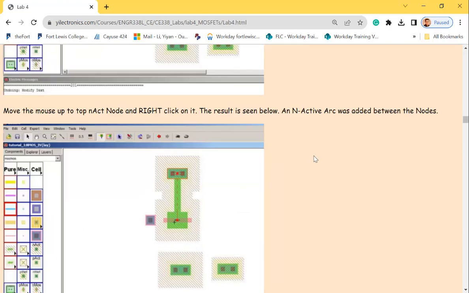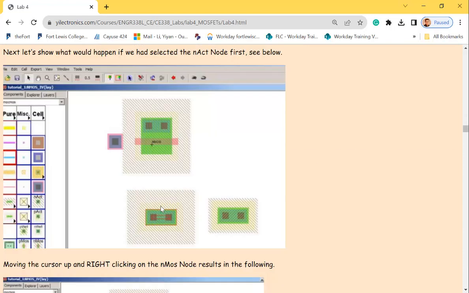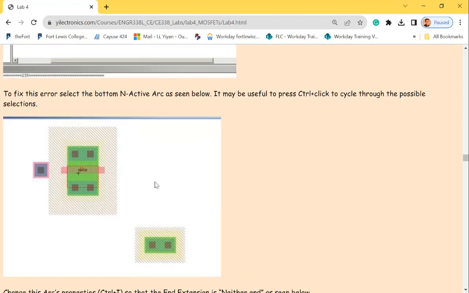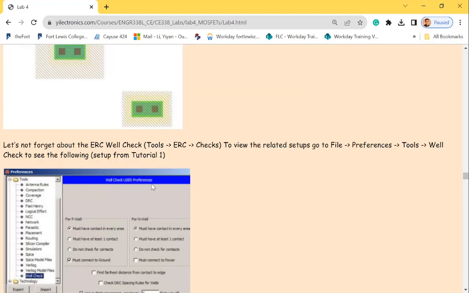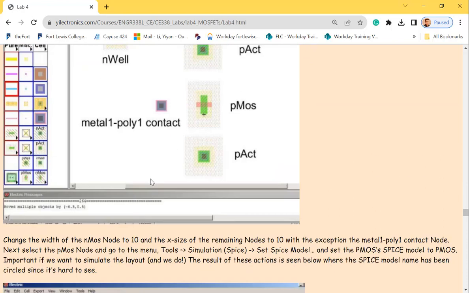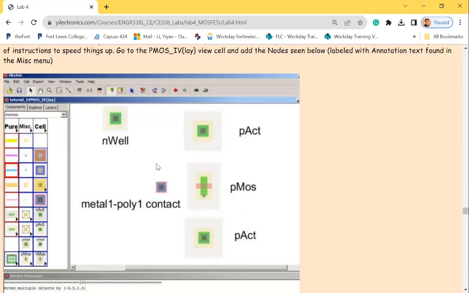For PMOS, see, there are dots. The P plus, the P act, which is a P plus here, is being fabricated in the dots.